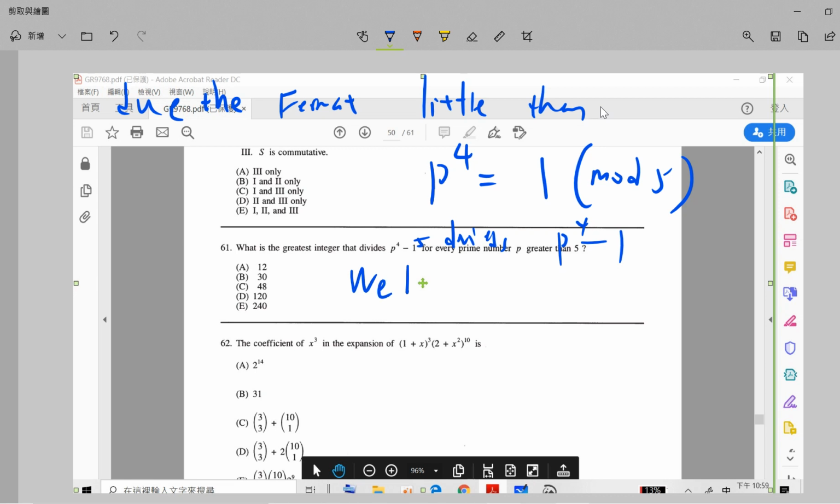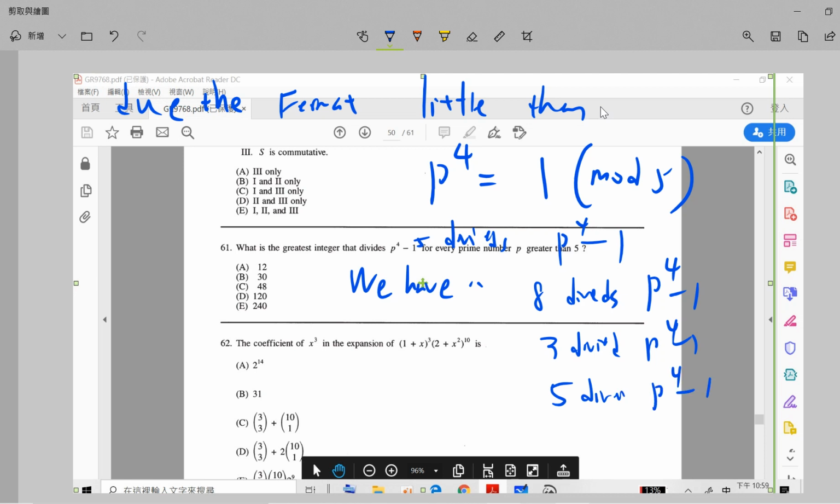So we have 8, 3, and 5 dividing p to the fourth minus 1, so it looks like the answer should be 8 times 3 times 5, so it's 120.